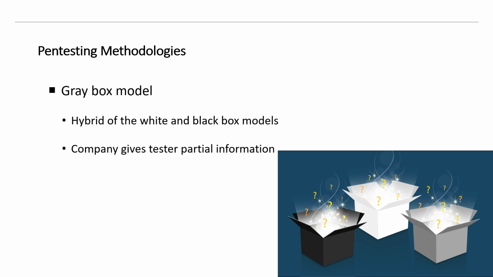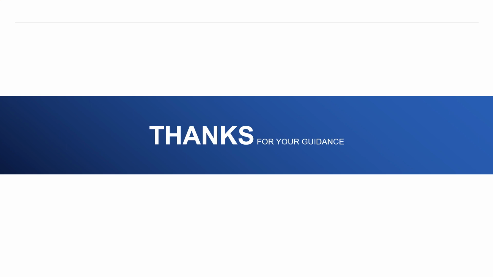In this context, the customer will give the pen tester some information about the network and about the work that is going to be conducted, okay? So that's all I'd like to cover in this video. In the next video, I will talk about specific techniques for how to set up the pen testing lab. Okay, see you there.